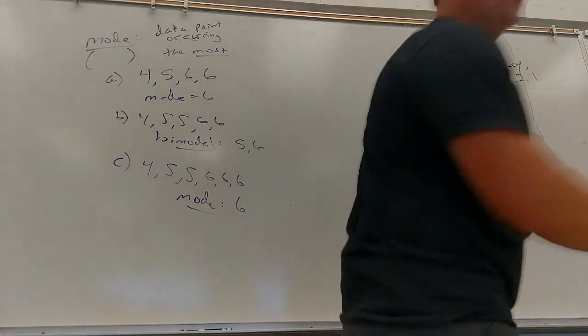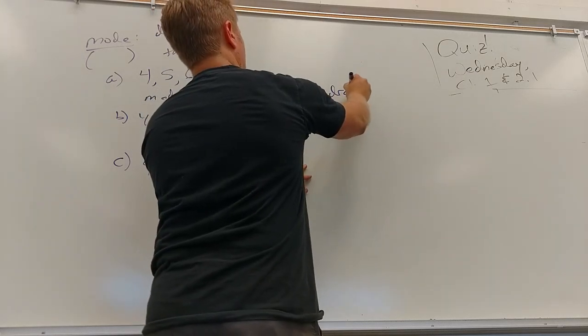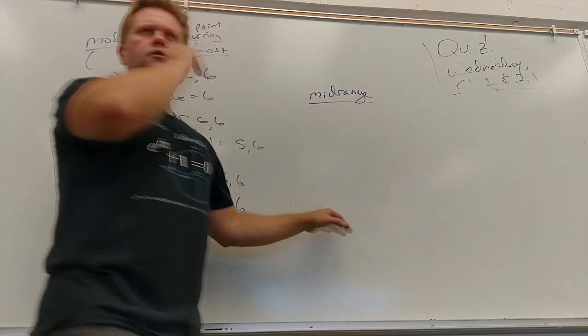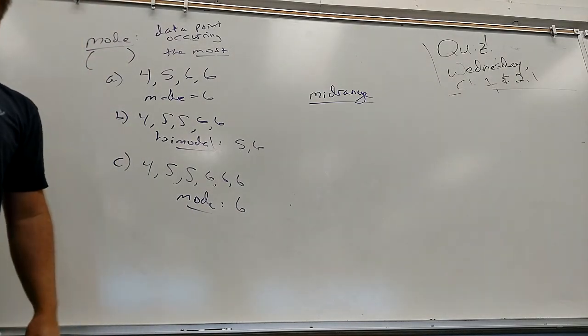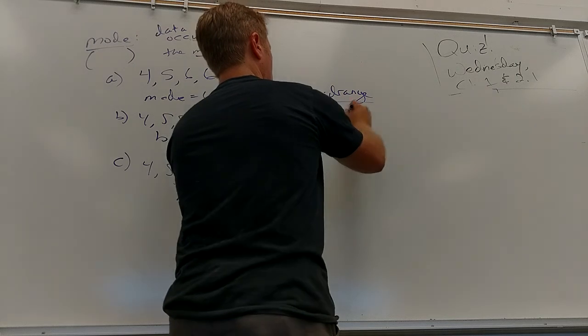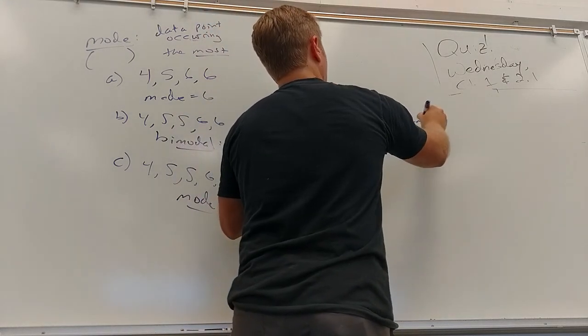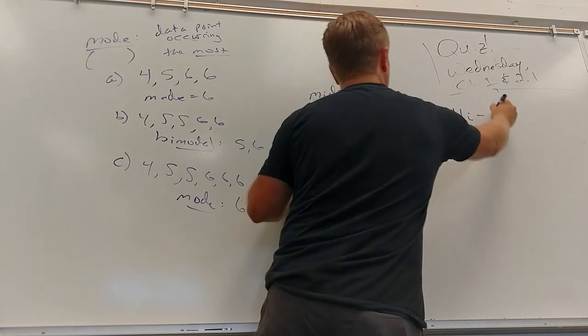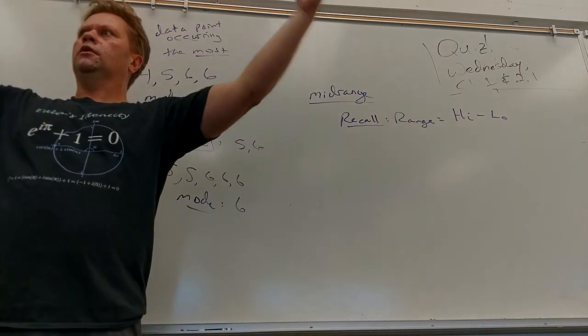And then the last way to find the center that I want to talk about is the mid-range. This one's a little bit evil. Because do you remember what was the range? Yeah, the range is high minus low. The mid-range is exactly what it says, the middle of the range.